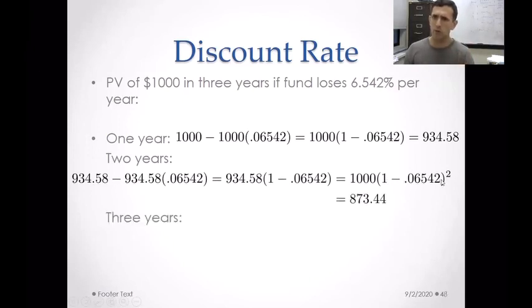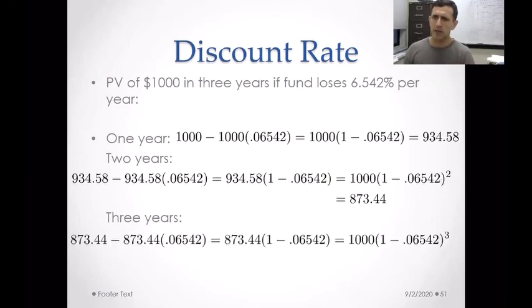Do that one more time, and we get 1,000 times 1 minus 0.06542 cubed. And this gives us a formula for the present value due in T years if we're given how much the fund loses per year.